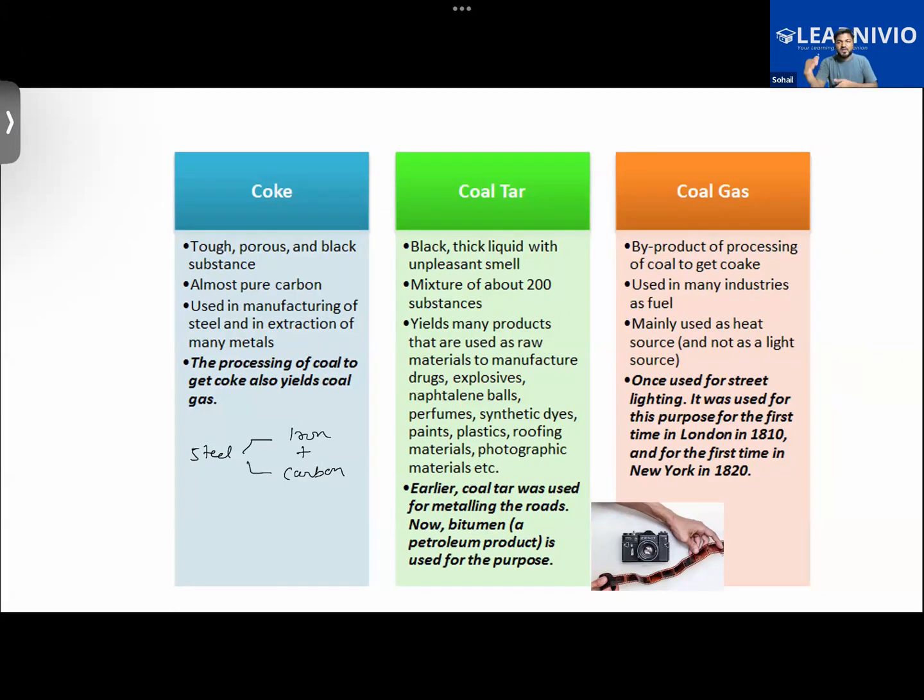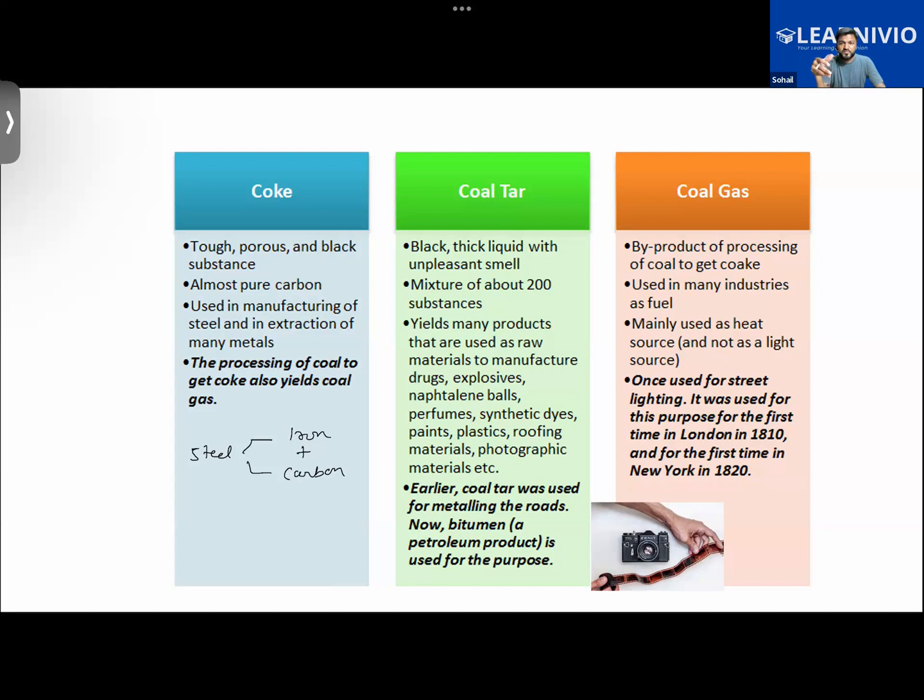We learned that it has a rich composition, around 200 different substances. So we can obtain different kinds of products from it: medicines, explosive materials, naphthalene balls, perfumes, synthetic dyes, paints, plastics, roofing materials, and photographic film.